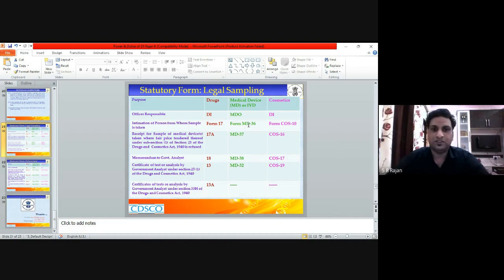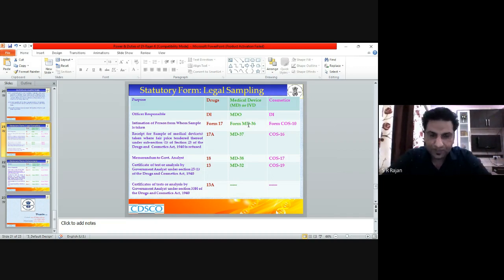After taking the sample, the drug inspector sends it to the government analyst for testing and analysis under Form 18. For a medical device it is MD38, and for cosmetics it is COS 17.